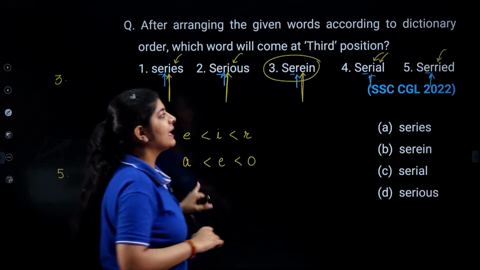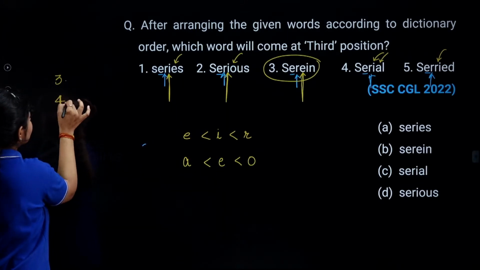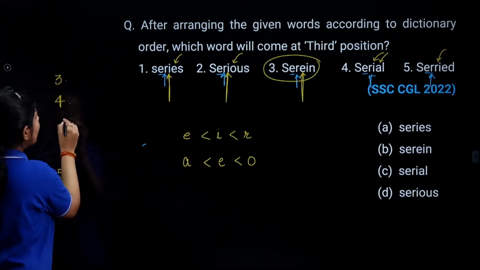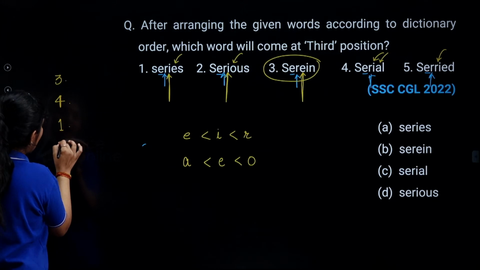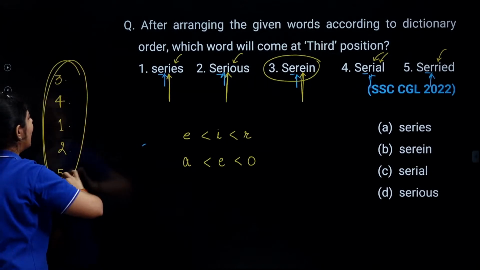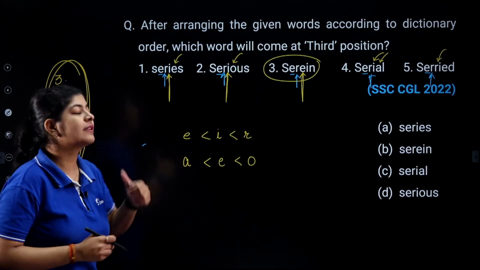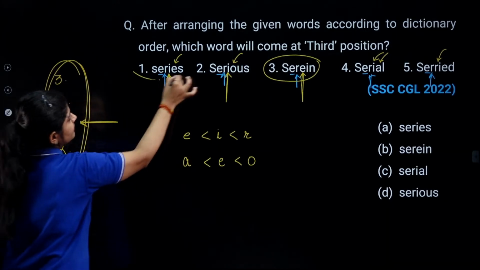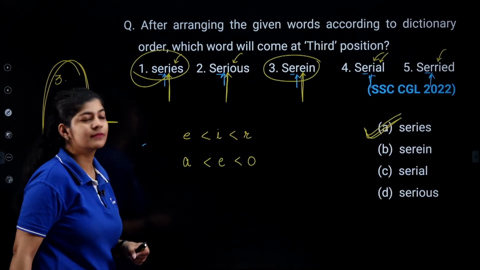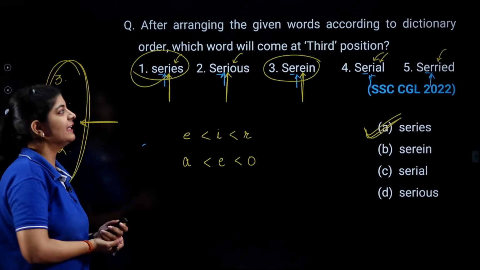So if A comes, we can easily say that the word cereal will come at second position, and after that we have series and after that our series. So this is the order as per our dictionary, and we need to identify the word which will come at third position, and that word is nothing but series. That means again our option number A is the correct one. Is it clear? It's a very easy question.